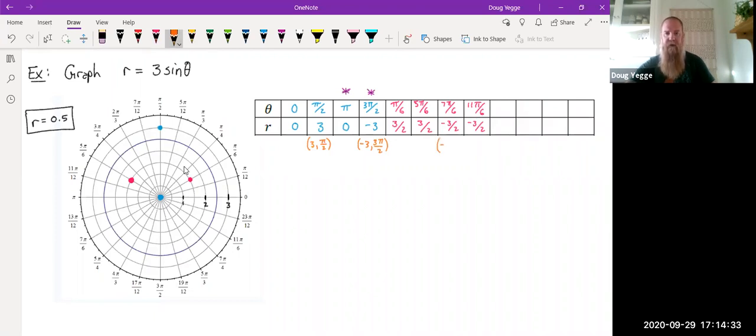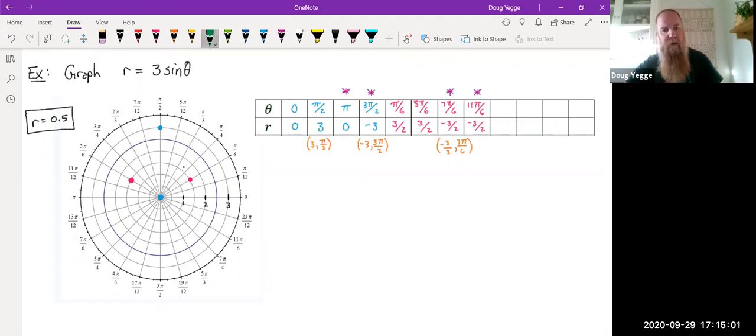Notice that this -3/2 and 7 pi over 6 is just telling me to point in the direction of 7 pi over 6, which is in this direction, and walk backwards, which would put me to the same point that's already there. Which is why I don't really need to use both of those points, because these points are also duplicates of the first pink points.